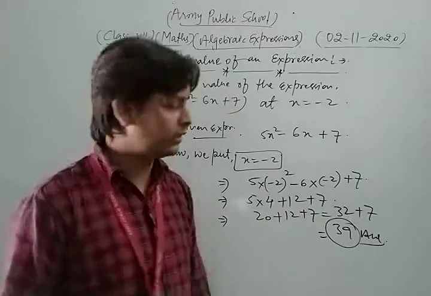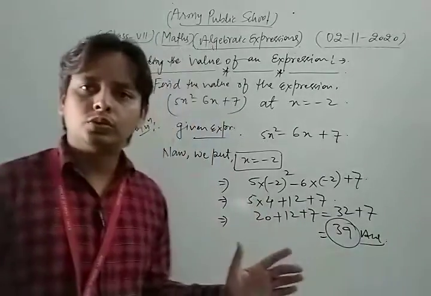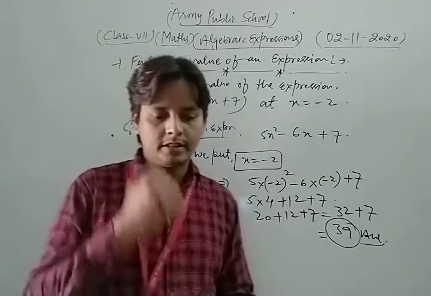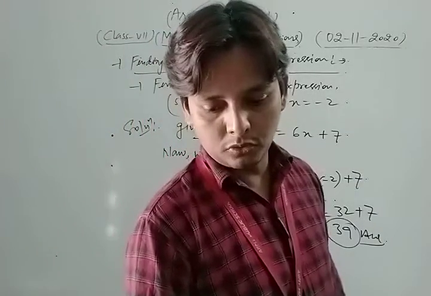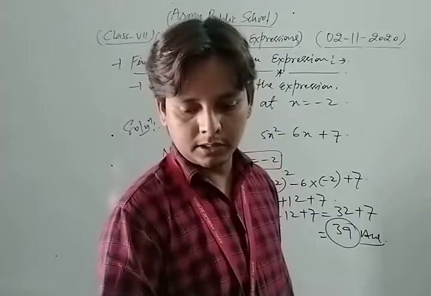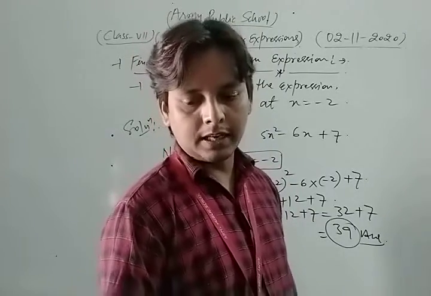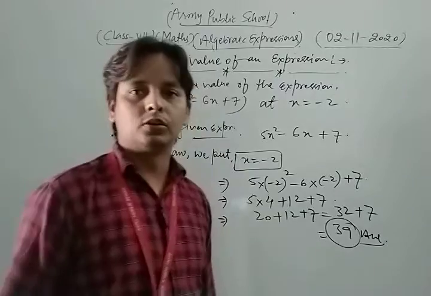Thus dear friends, in this way you can solve each and every question of your NCERT exercise based on that topic. Now we take and solve some other important questions of the last NCERT exercise of that chapter.